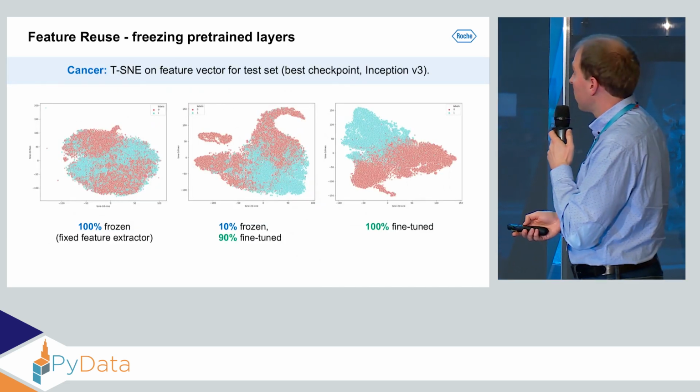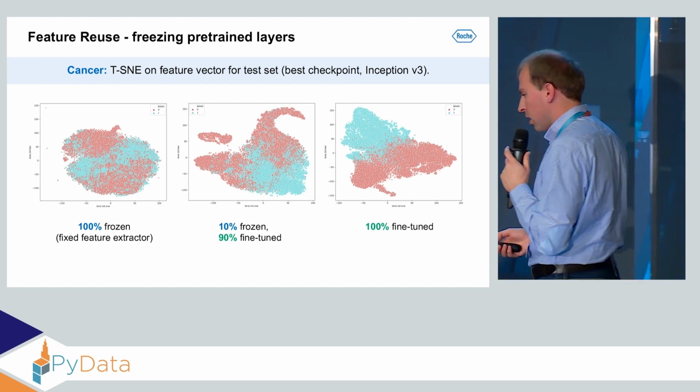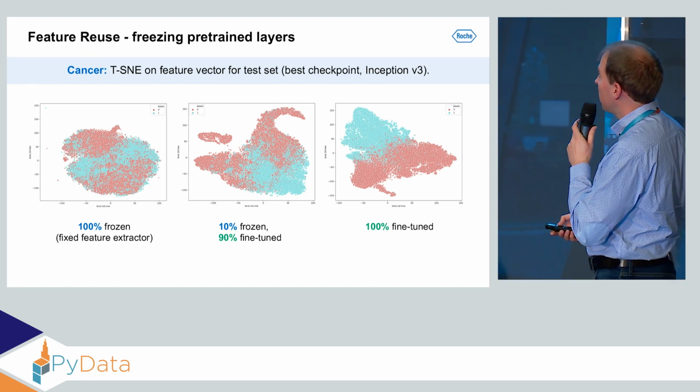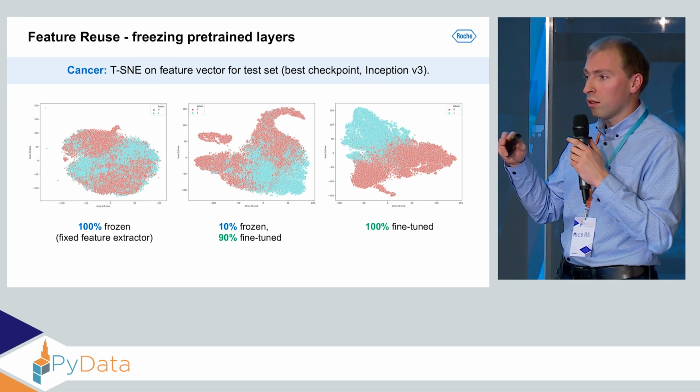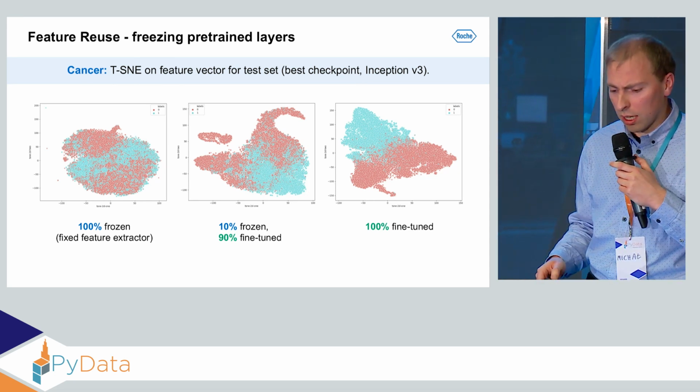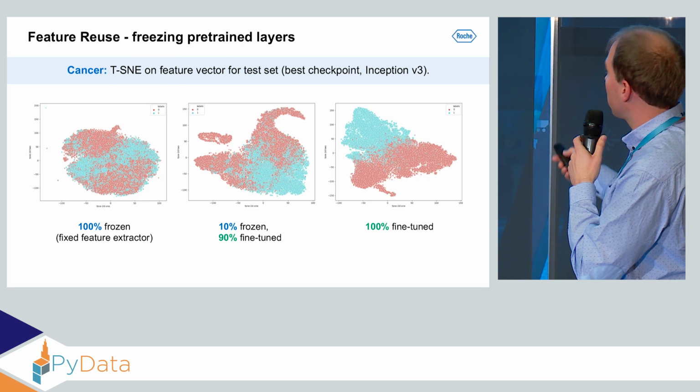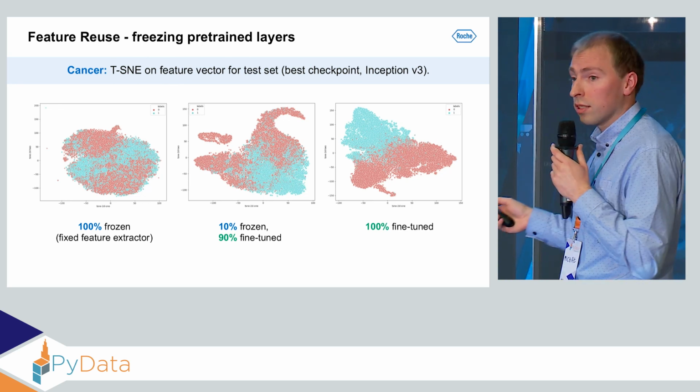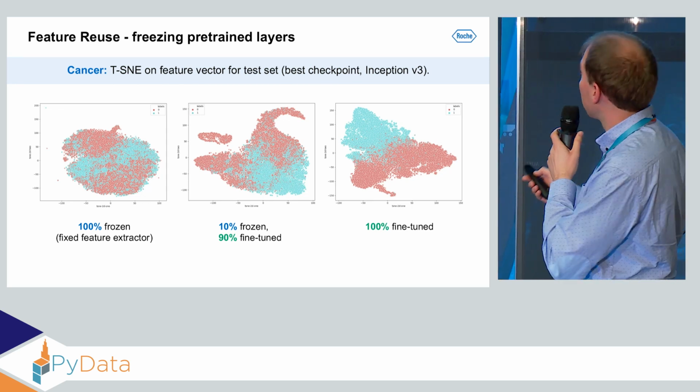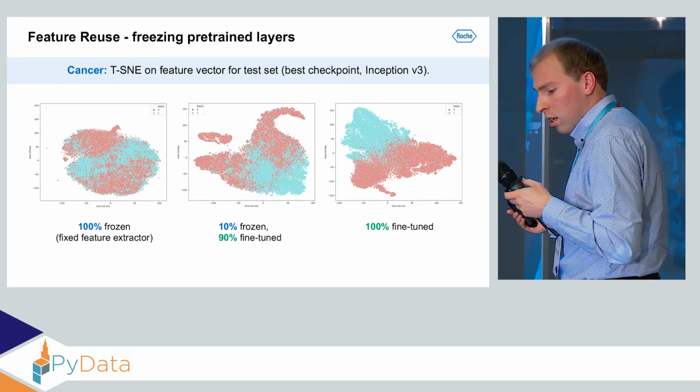To some extent, this can also be visualized by running t-SNE on the penultimate layer of our network. These charts were generated for the cancer test set running on Inception v3.